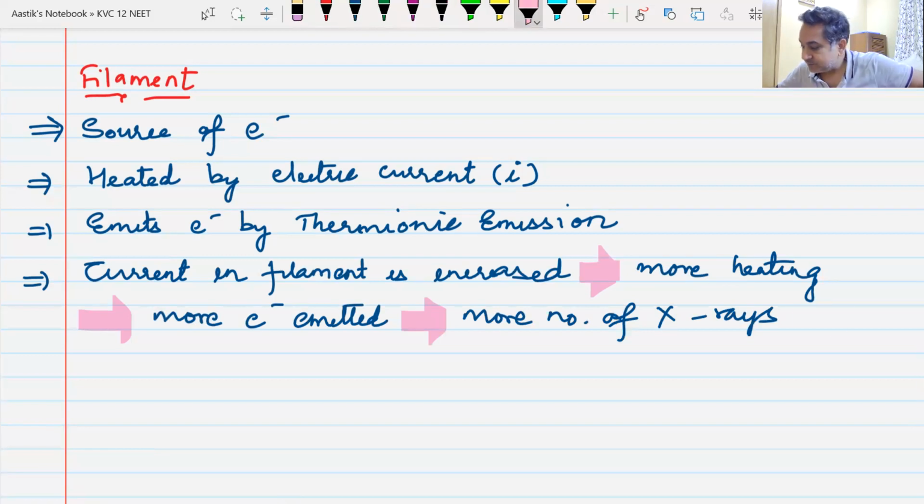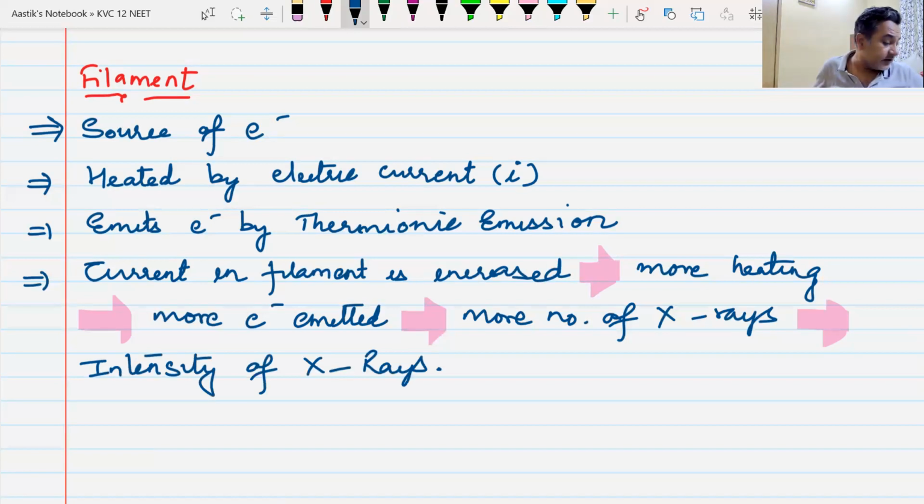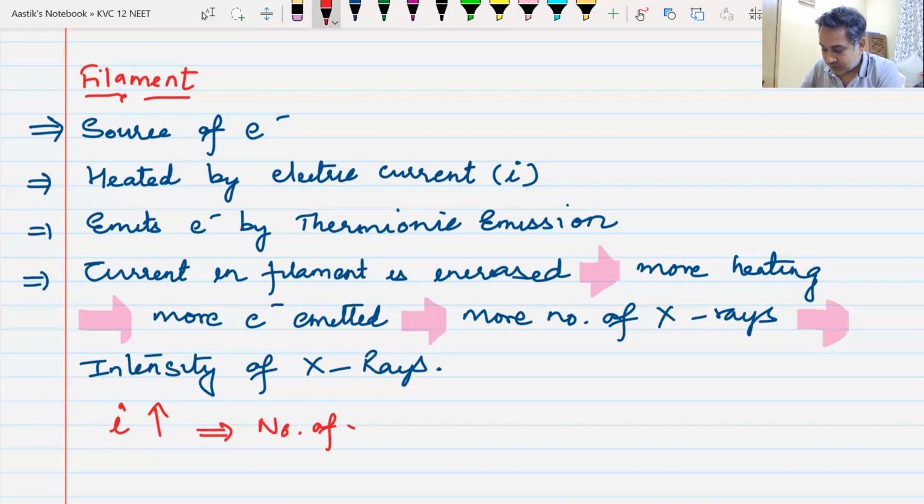When you talk about the number of X-rays, you talk about the intensity of X-rays. We saw in the last chapter, when we were talking about intensity, we talked about the number of photons or radiations that are falling. Do we understand this? So if the current I is increased, the number of electrons is increased.